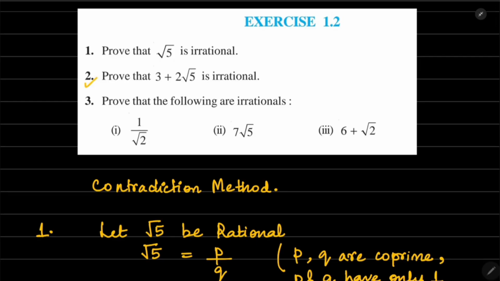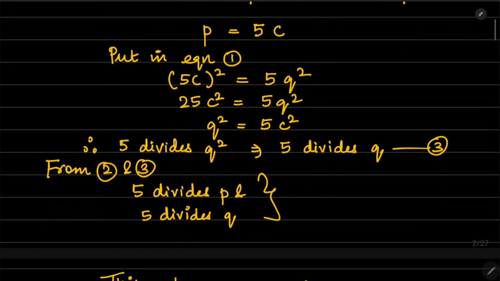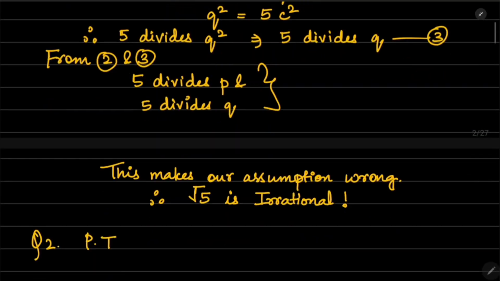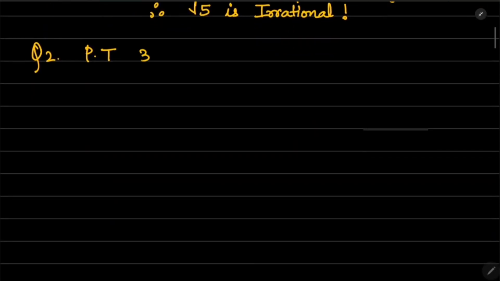Prove that 3 plus 2 root 5 is irrational. Okay. So the second question. To prove that 3 plus 2 root 5 is irrational. Let's go ahead with doing the same method again, that is the contradiction method.